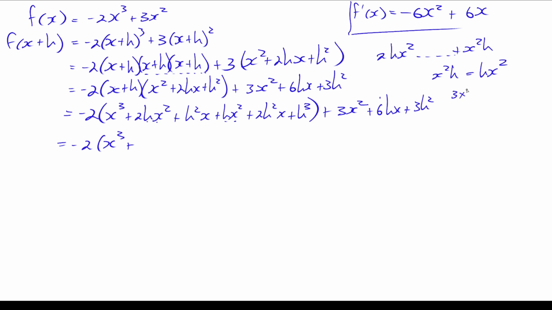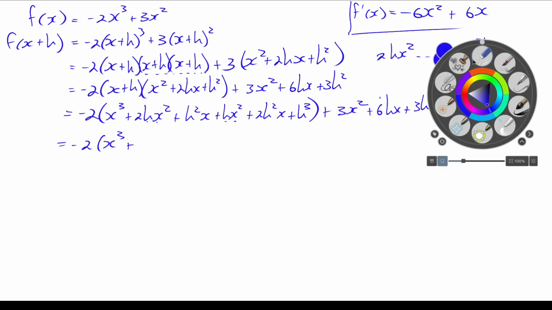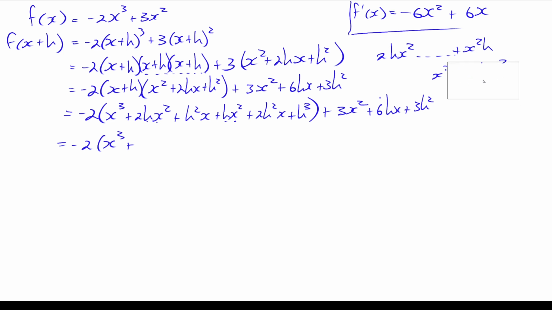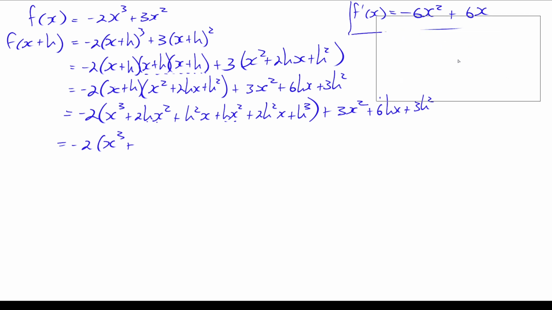Because 2 times 3 times 2 is the same as 2 times 3. Same thing. All right, let's just erase all of that. Okay. Anyway, this and this becomes 3hx squared. This guy and this guy becomes 3h squared x, and that one becomes h cubed.